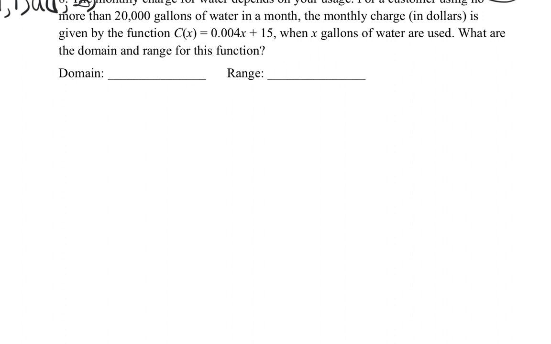Okay, so first, we should start by defining our variables that were given. So right now we have our c of x, and that is the monthly charge. Okay, and for our x, it says x is what?